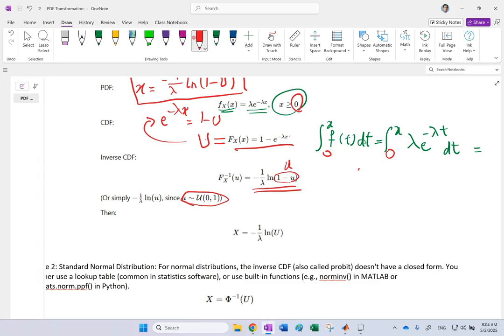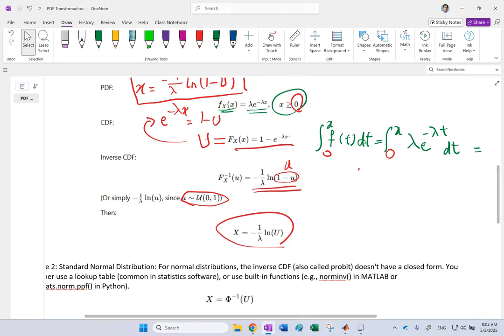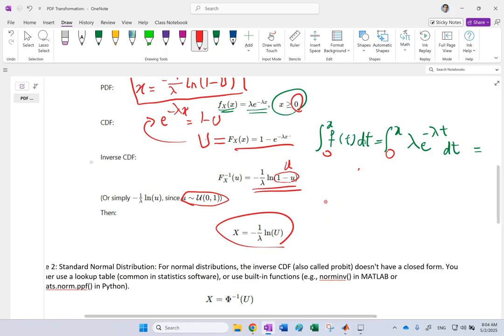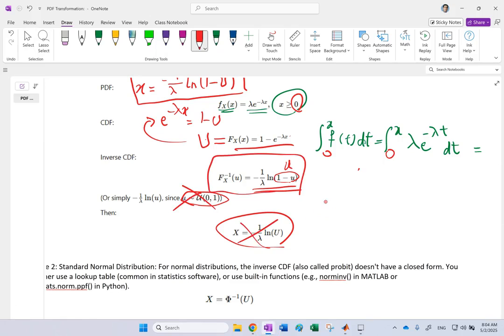If u is between 0 to 1, 1 minus u is also between 0 to 1. So if you want, you can use this function instead. Just a little bit simpler. But you can use either one. And here, you see, it's that first one that is used, actually. And it is absolutely working. Good. So we use this one exactly in that MATLAB code. We did not even go for this.